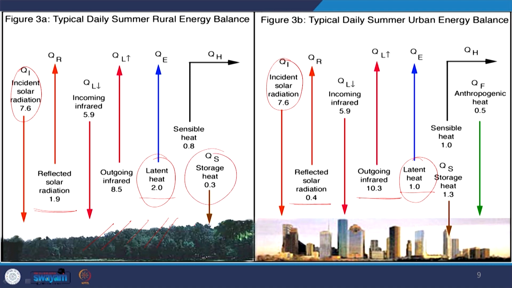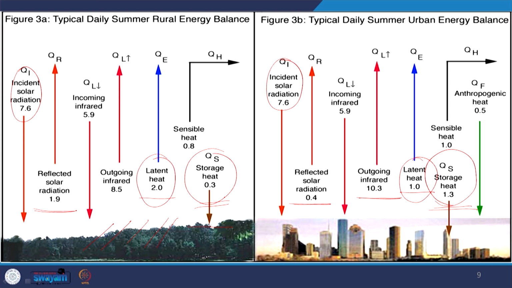Because there is not much hard surface in the rural areas, and there are a lot of built, hard surfaces in urban areas, this is the major cause of heat island effect coming into the picture.